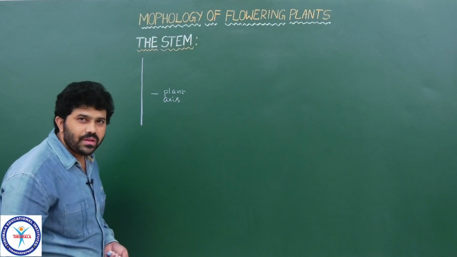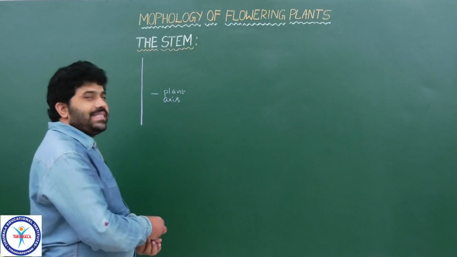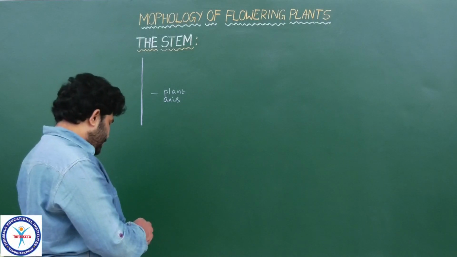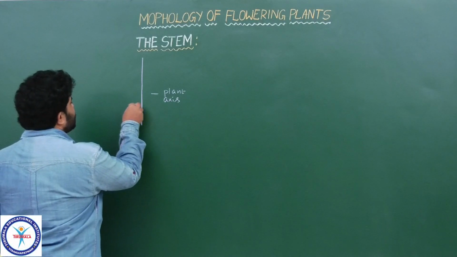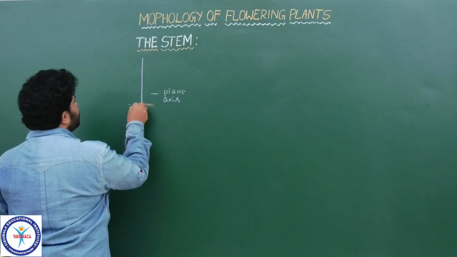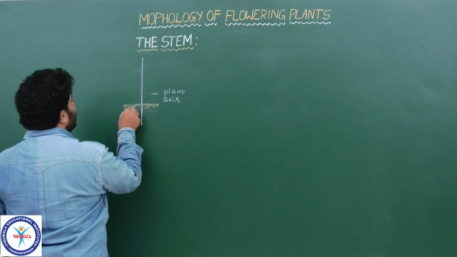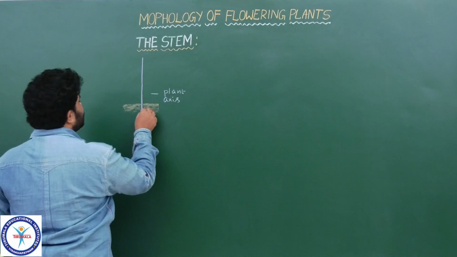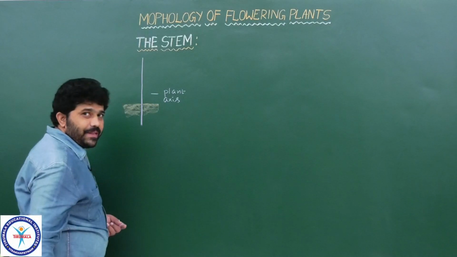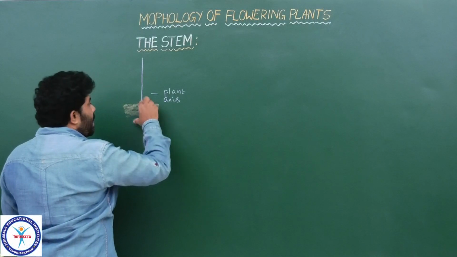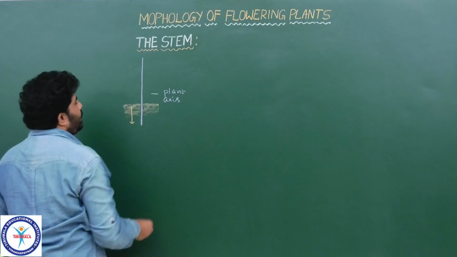Now what do we need here? We need this plant axis to turn into two different parts. We are going to differentiate this plant axis into two parts like this, by developing the plant axis towards opposite directions. Some portion of the plant axis grows towards the soil, into the soil.